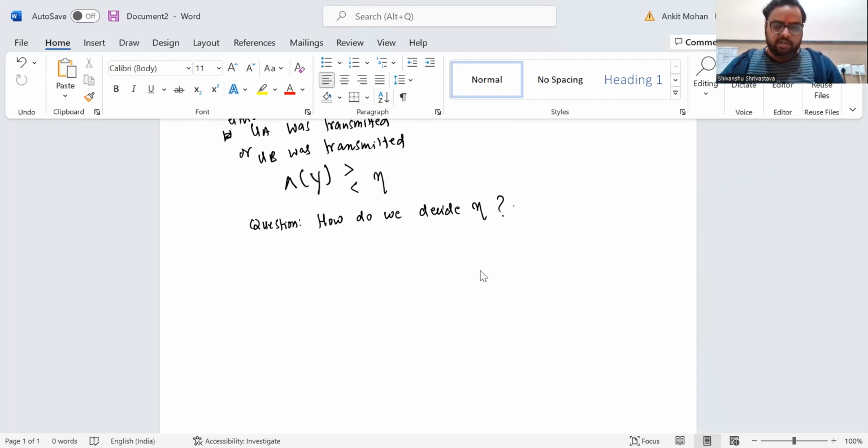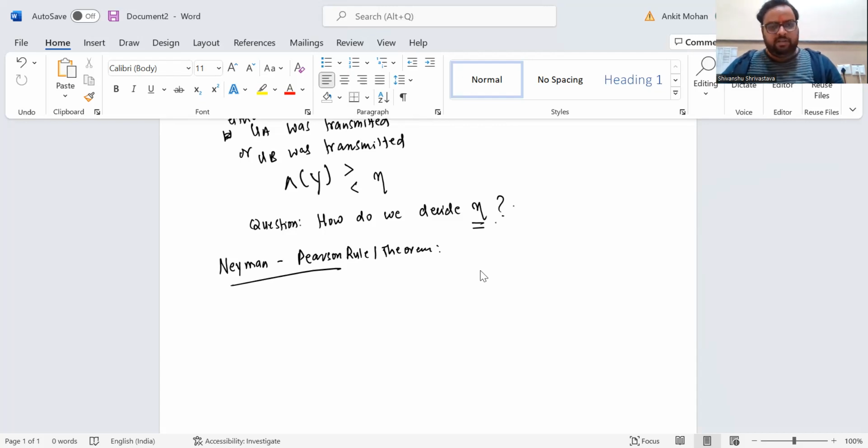The mechanism proposed to find this threshold value is essentially covered in this lecture, and that was given by the Neyman Pearson law. So we'll look into the Neyman Pearson rule or the theorem and so on.